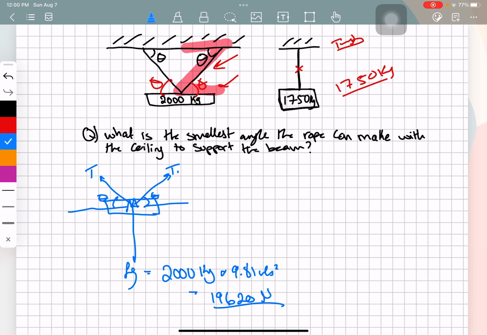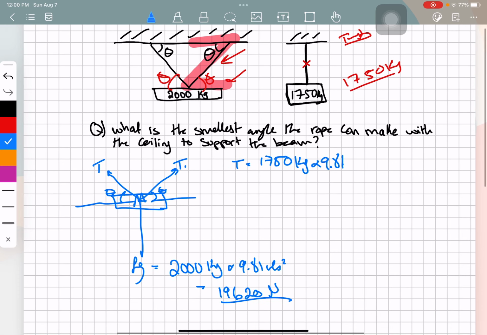Well, we know that the tension T can hold up a maximum of 1750 kg. So that's mass, and we multiply this by 9.81 meters per second squared. Why?